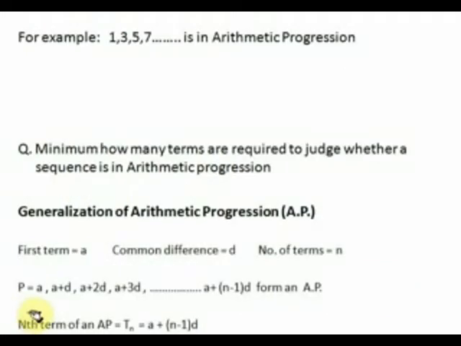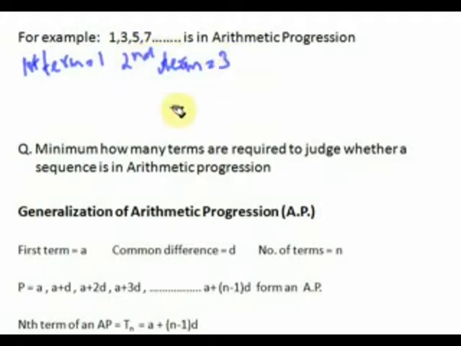1, 3, 5, 7 is an arithmetic progression. Let's see how 1, 3, 5, 7 is an arithmetic progression. The first term in this sequence is 1. The second term is 3. If we take the difference between the second term and the first term, that is 3 minus 1, it is equal to 2.